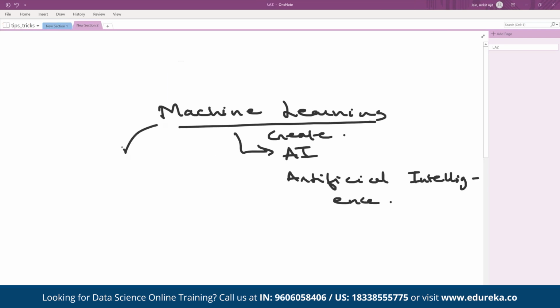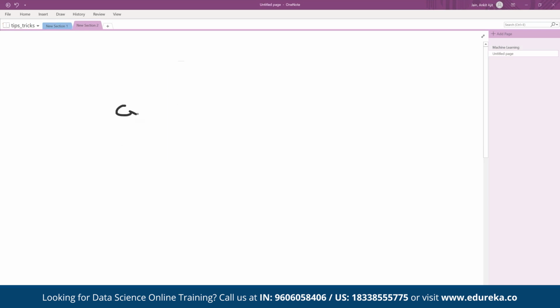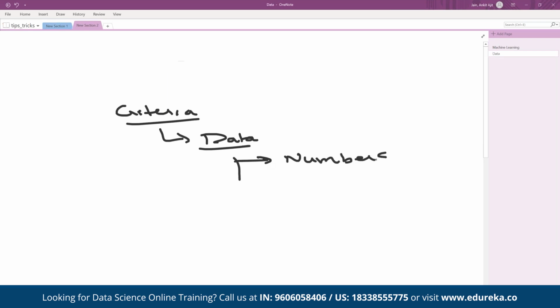Now, how do we create artificial intelligence using machine learning? What is the main criteria for that? The main criteria for creating machine learning is data. Now, this data may be in the form of numbers, in the form of images, in the form of text.